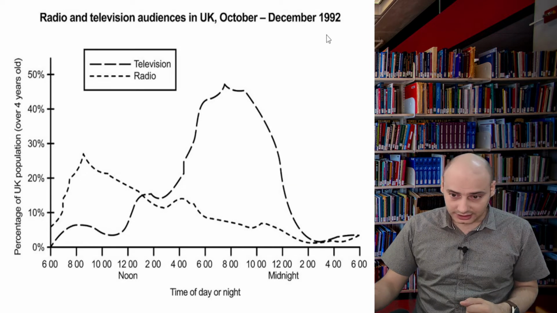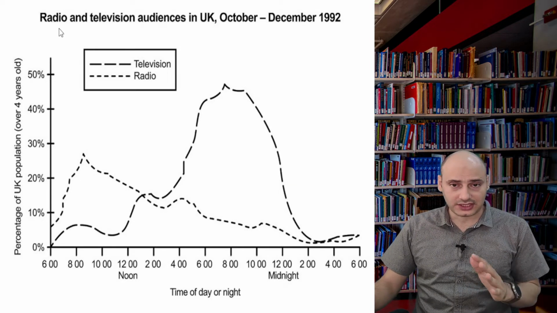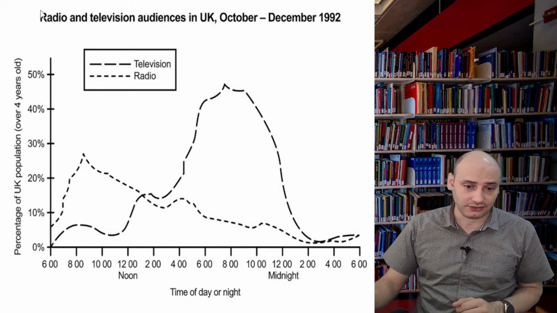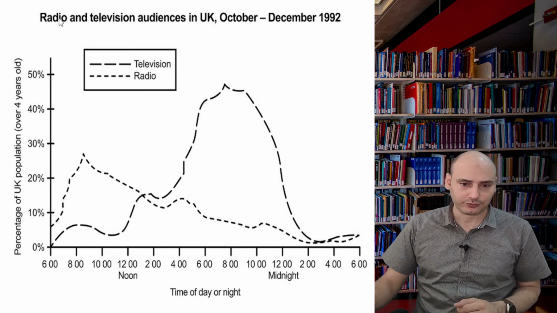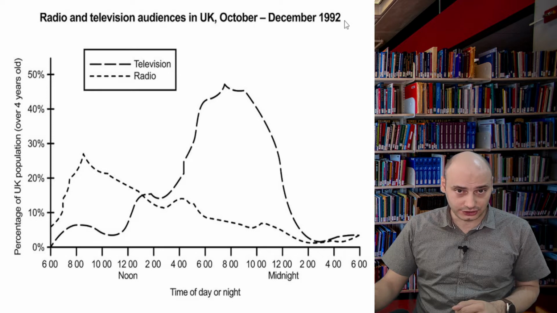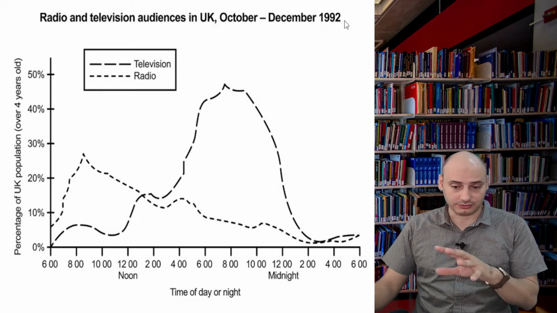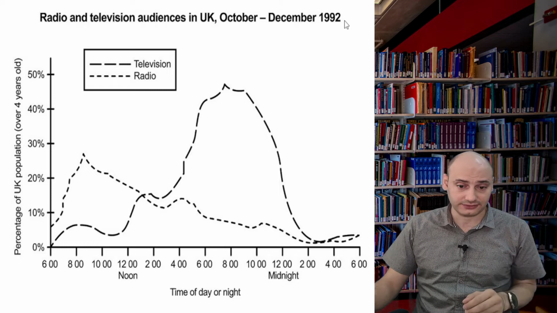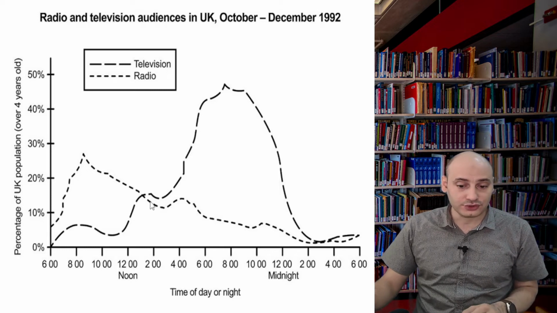It has got a title. So the main thing that you need to look at is the title here: radio and television audiences in UK, October and December 1992. I'm trying to clarify the line graph for you. And then we have 2 lines.